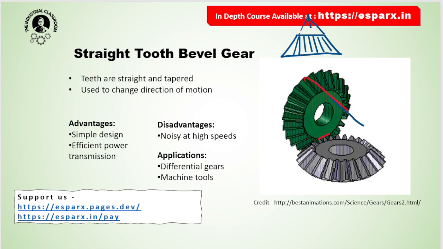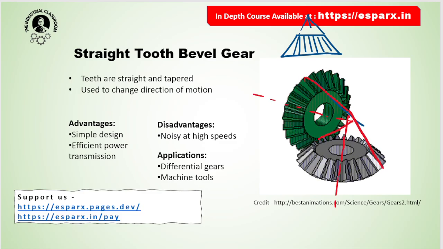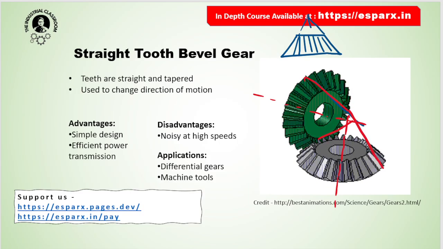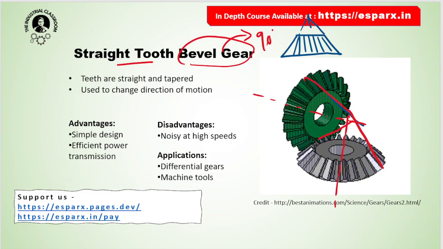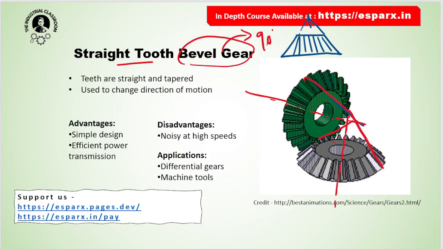This and this point, and this. You can see that if this is the shaft axis 1, this is the shaft axis 2, they are intersecting at a point. Therefore, these are known as gears for intersecting shafts. This is a straight tooth, and bevel gear here means the shafts are at 90 degrees. This shaft 1 is at 90 degrees with shaft 2.